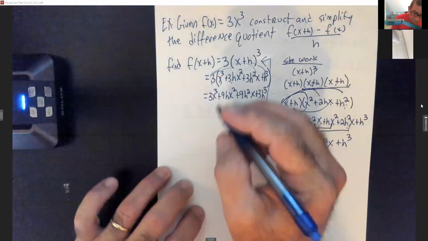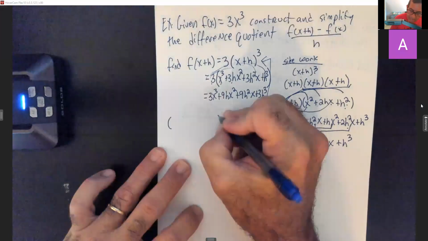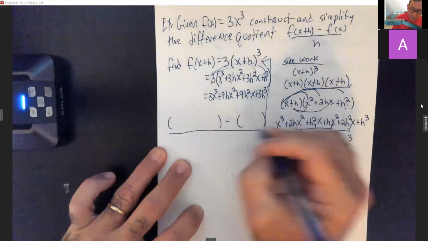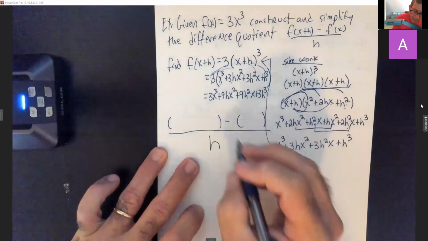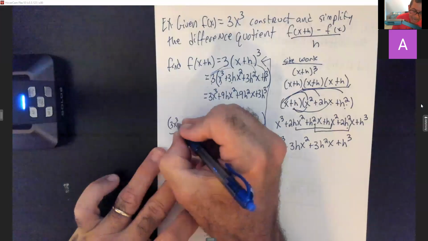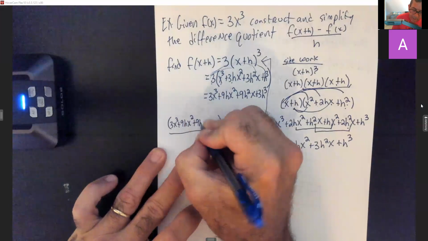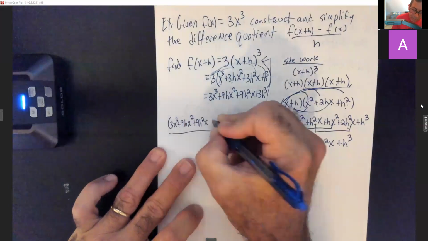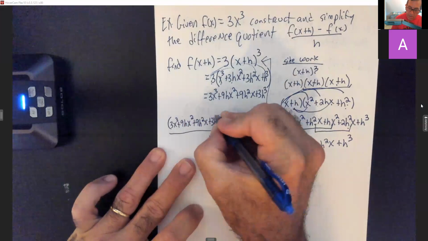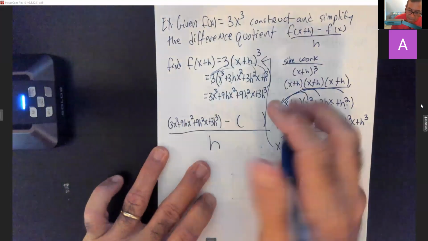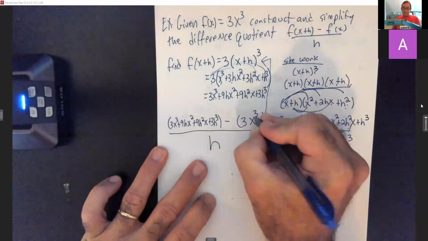All right, so now we want to do f of x plus h minus f of x, all over h. So let me put in my 3x to the third plus my 9hx squared plus 9h squared x plus my 3h to the third. The only thing is f of x is 3x to the third.